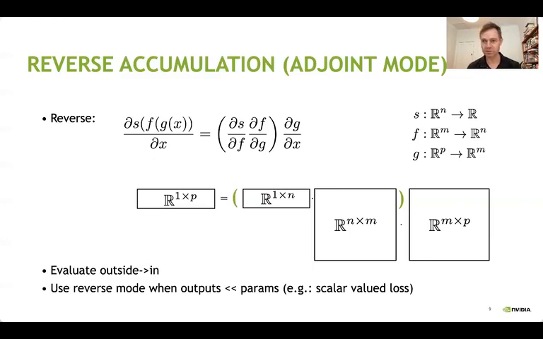And this is partly why this has become such a popular approach for machine learning. It's also really efficient when we have many parameters. So we want to compute the gradient of a scalar loss, but with respect to potentially thousands of parameters, because we're just doing these matrix-vector products, they're very cheap.